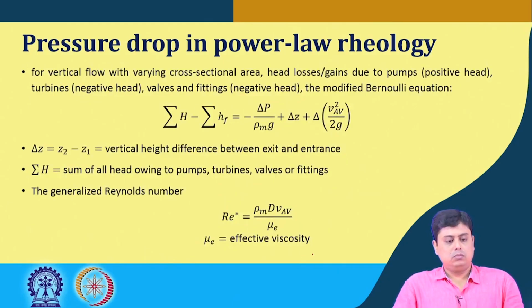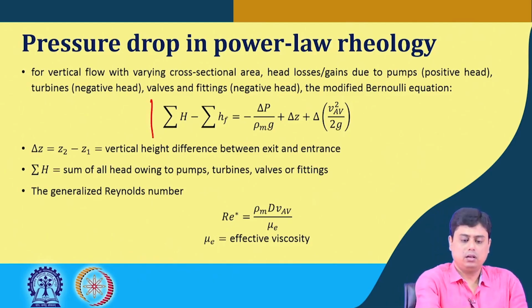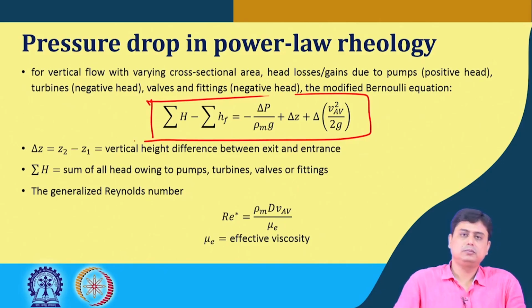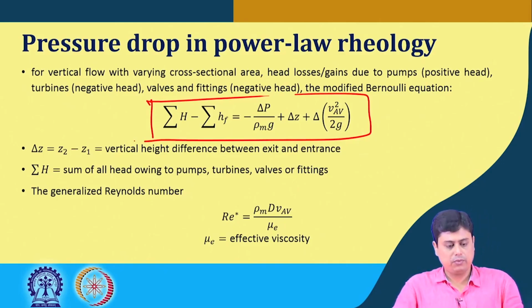Now for vertical flow with varying cross-sectional area, including head losses due to say positive or negative head that comes from pumps, valves, fittings in a pipeline network, we can apply Bernoulli's equation in a modified form, which would look like this expression, where the summation of H is the sum of all heads owing to pumps, turbines, valves, fittings, bends, all these kinds of scenarios.